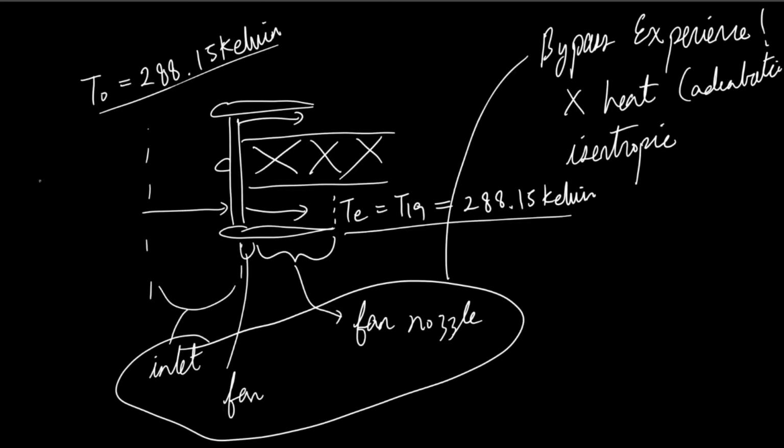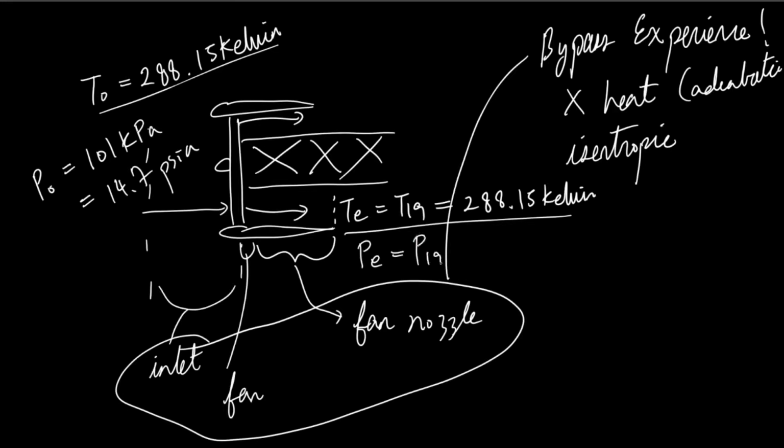What do you think about pressure? The normal pressure that we experience is 101 kilopascals, or if you're more familiar with the English units, 14.7 psi absolute. Well, the pressure actually does not change at all.